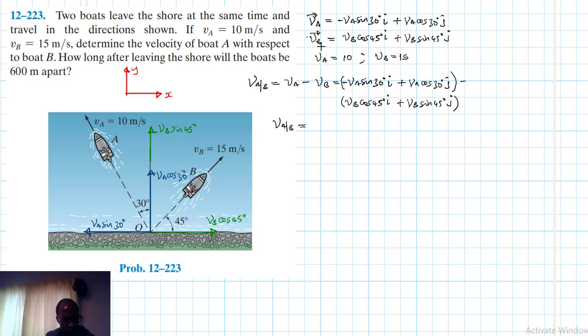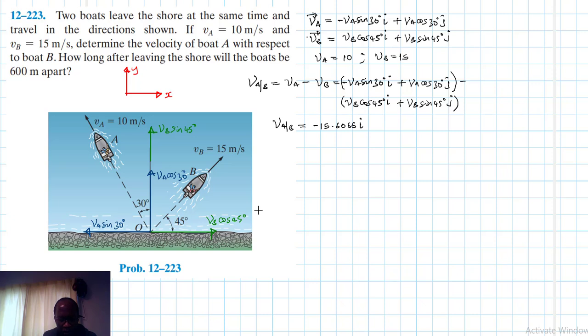Let's work it out. We can grab the calculator. So we have minus 10 sin 30, then minus 15 cos 45. So this becomes a minus 15.6066 i.